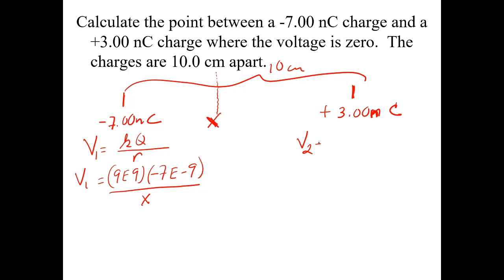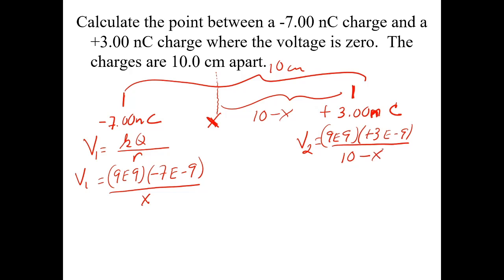V2 is also going to be KQ over R. So 9 times 10 to the 9th. And the charge is +3 nanocoulombs. That nano is going to work out real nice. But now this distance here will be 10 minus X. And I know I'm leaving it in centimeters. It's okay. I can make it meters if I want, but I think it's a little less confusing if I don't.